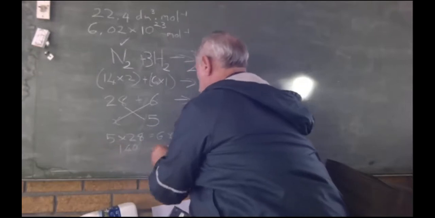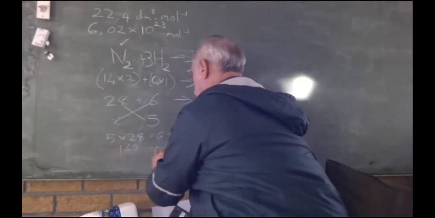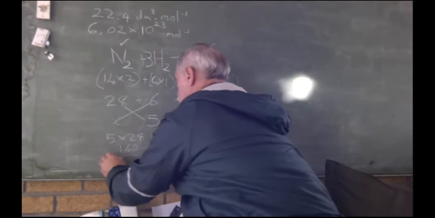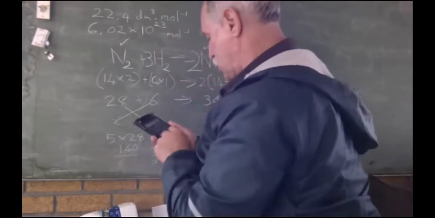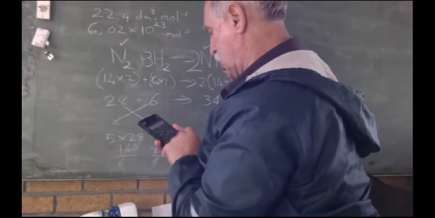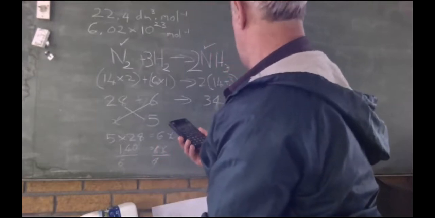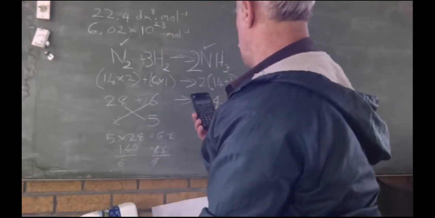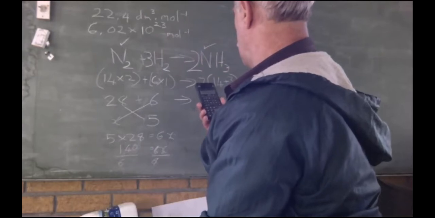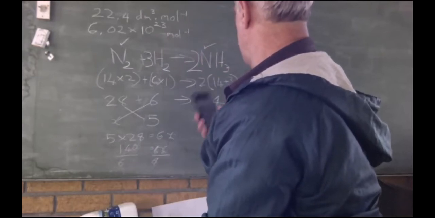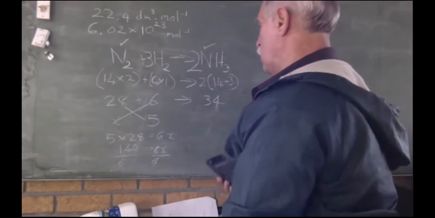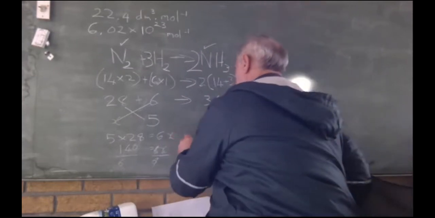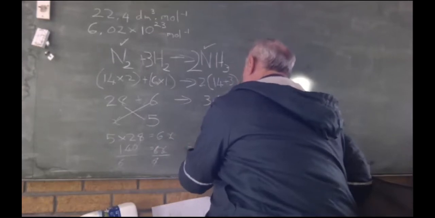To get rid of the 6, I divide both sides by 6. The 6's cancel out. 140 divided by 6 equals 23.33.